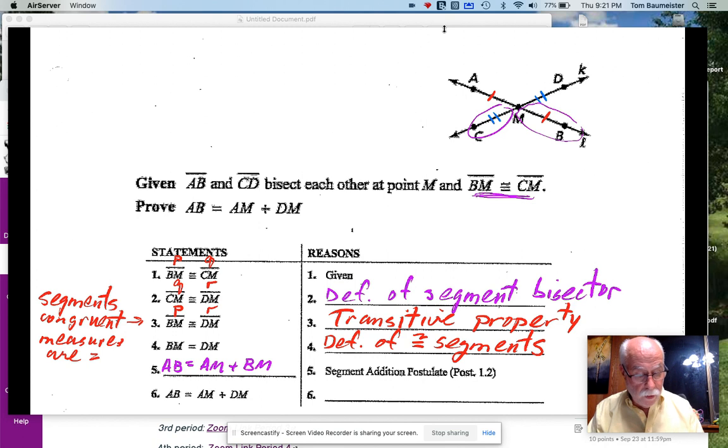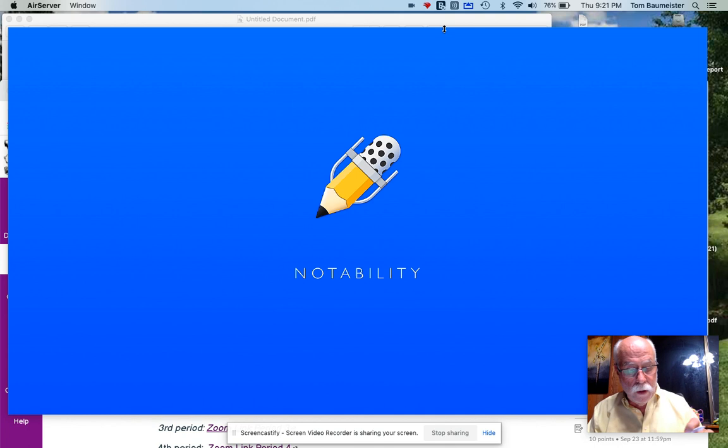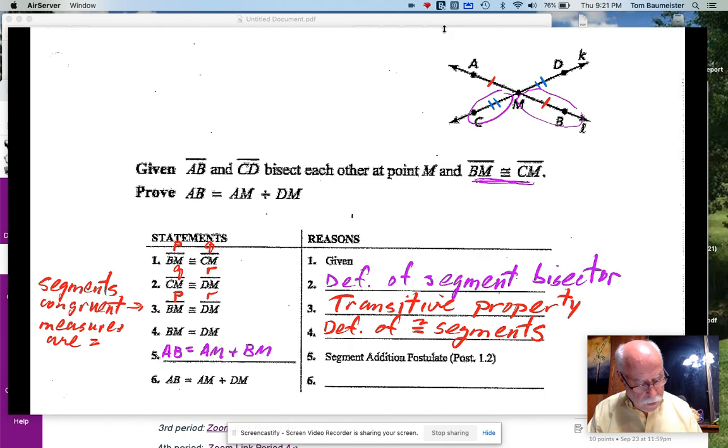We substituted DM for BM, because that's what we were trying to prove. Okay, so again, I just said substitution. That's our reason.